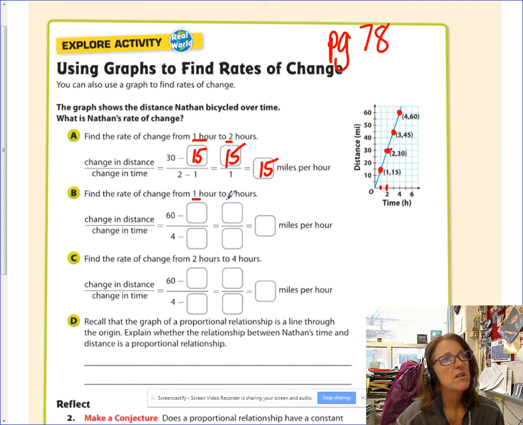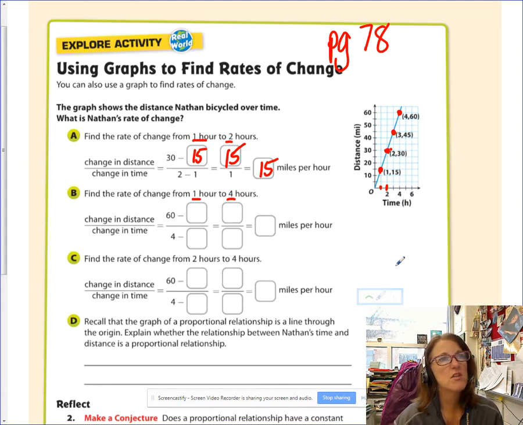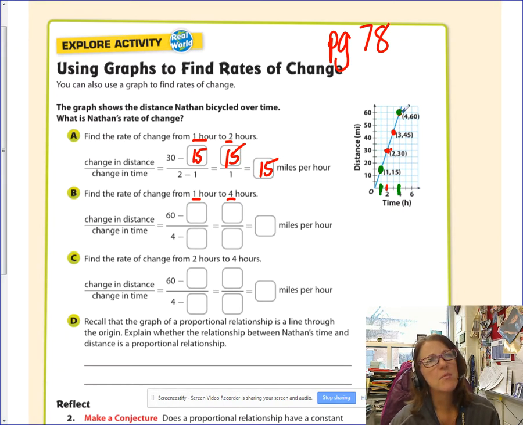Next interval. Now, they're going to go from 1 to 4. So I'm going to change my color here. Now I'm going from 1 hour to 4 hours. So I start here, but then I'm grabbing this data point, (4, 60). So from (1, 15) to (4, 60). My vertical change in distance, I went from 15 miles to 60 miles.